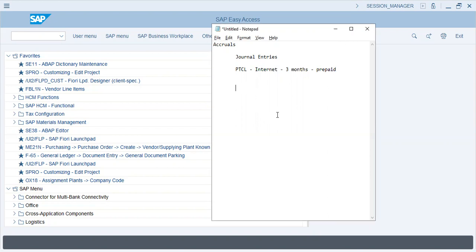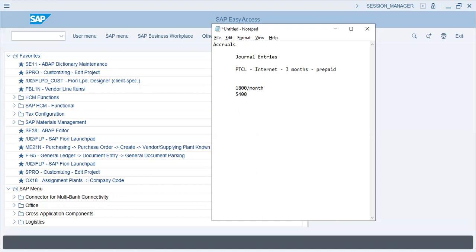Let's say 1800 is per month. For 3 months, it will be how much? 5400.